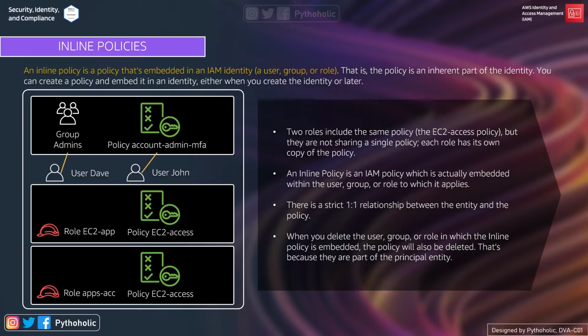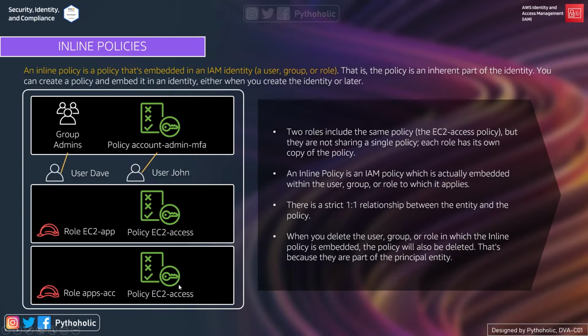If you see the image here, we have the policy account admin MFA. It is attached to a single group called group admins, where we have 2 users, user Dave and user John. And the next one that we have here is role EC2 app, which has an inline policy called policy EC2 access. And the other one that we have is role app account, which also has the same policy EC2-access.